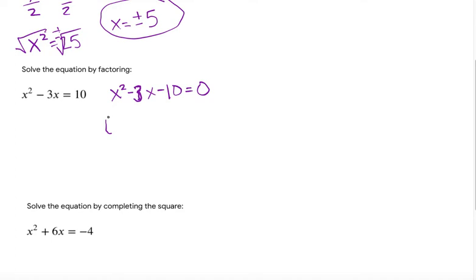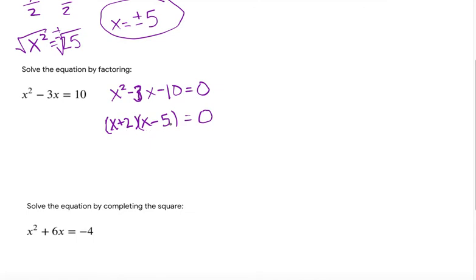And then you can set up your binomials. And you have to think of two numbers that are factors of negative 10 but add to negative 3. So in this case, I'm going to put a positive 2 and a negative 5. Because negative 5 and 2 multiply to negative 10, but they add to negative 3.